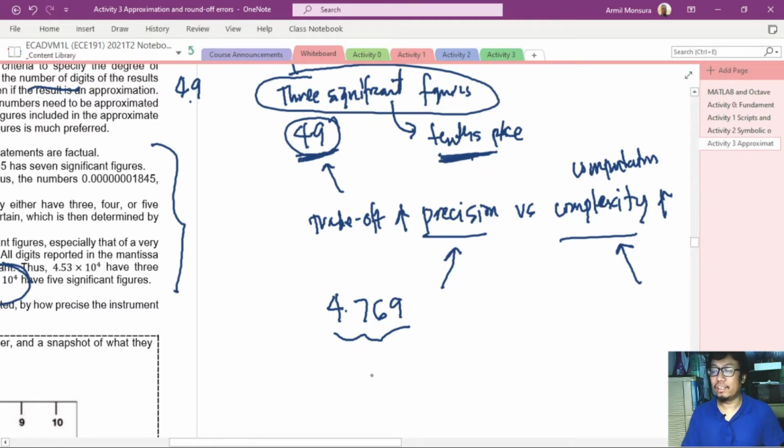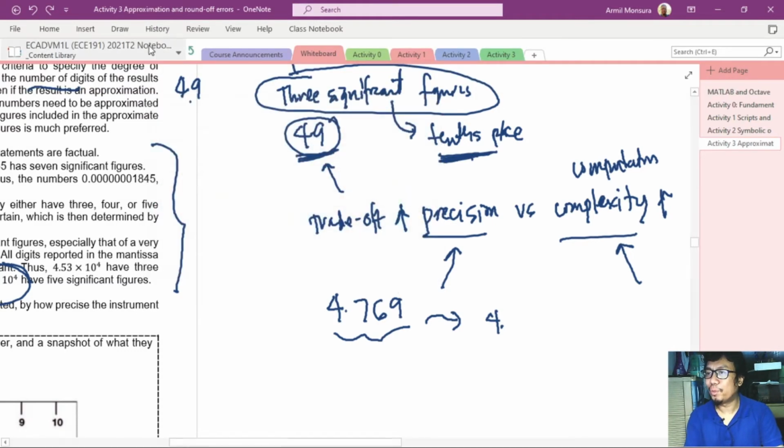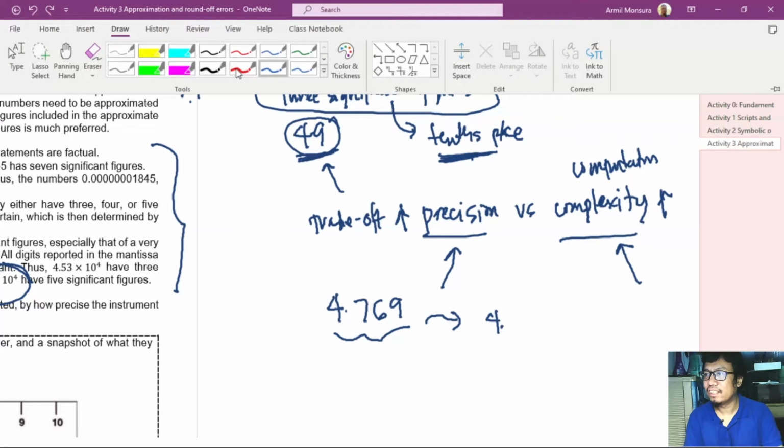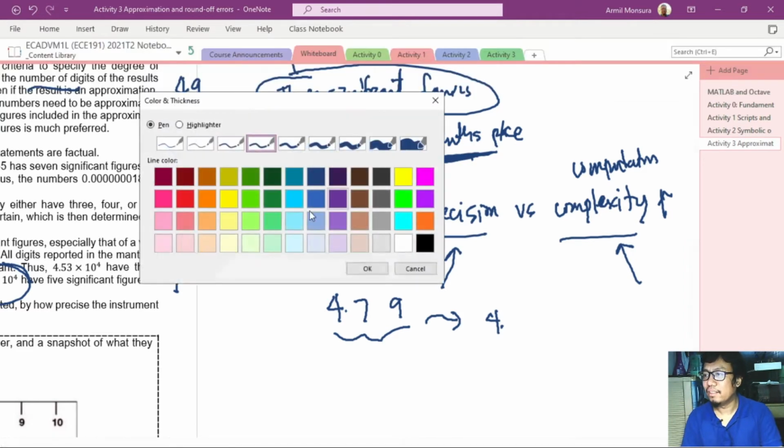Students normally, pag sinabi niyo 3 significant figures or 2 decimal places, would express this as 4.7 because when they round this one off, ay sorry, mali pala. Mali pala yung example ko. Let's make the example 4.799.